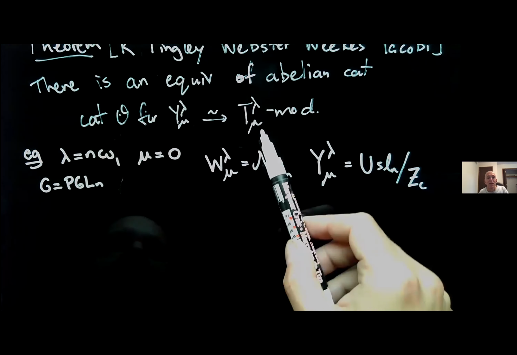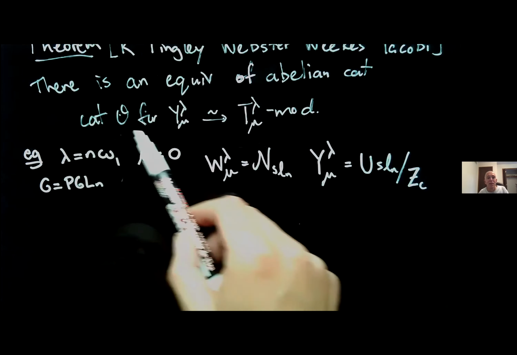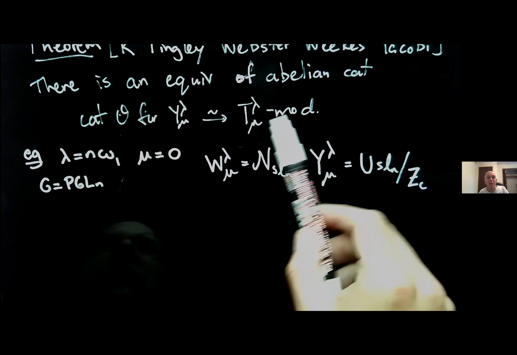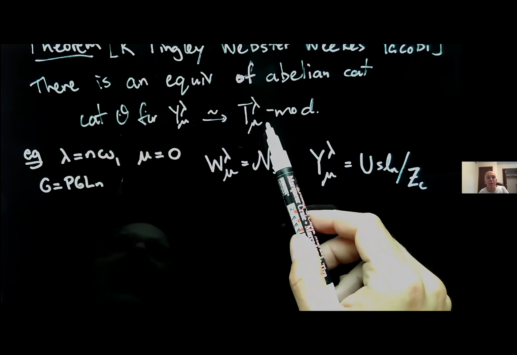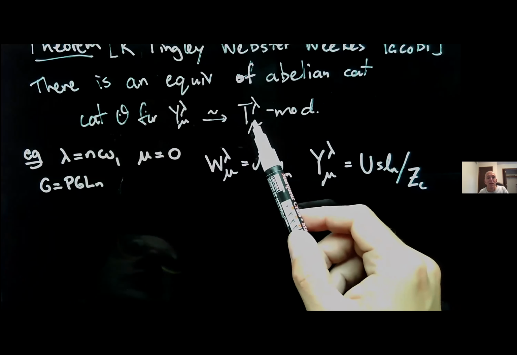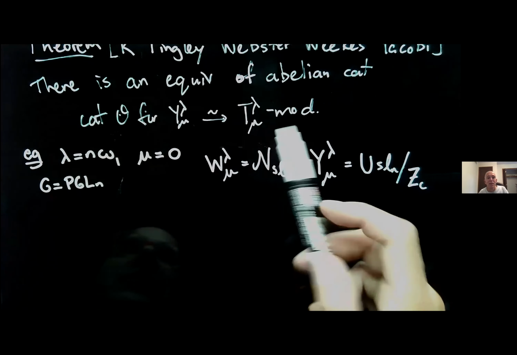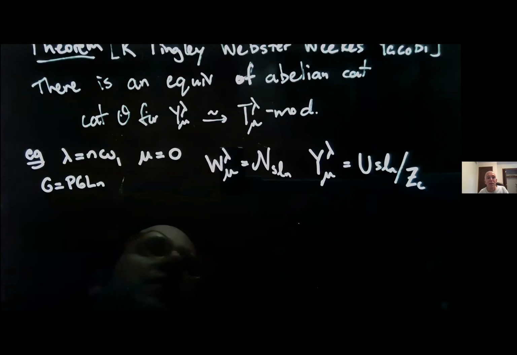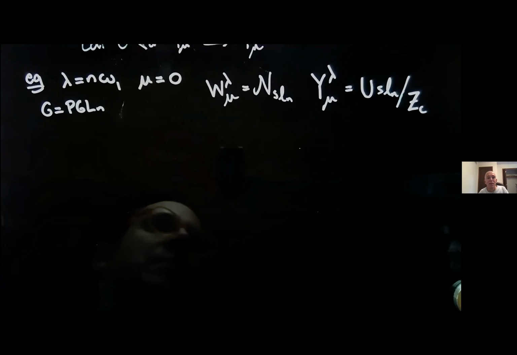And if I replace category O with Gelfand-Tsetlin modules, it won't categorify the irreducible representation, but it will categorify some other representation. And using that description, you can figure out how many simple modules there are. In any case, let me continue.